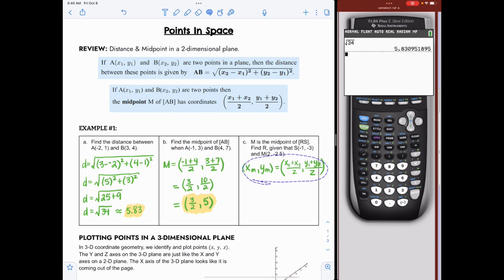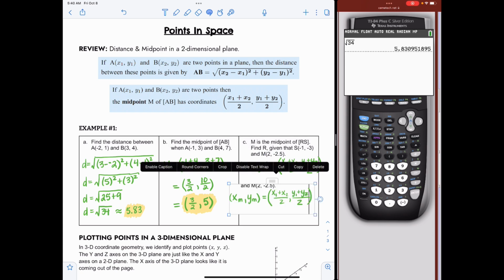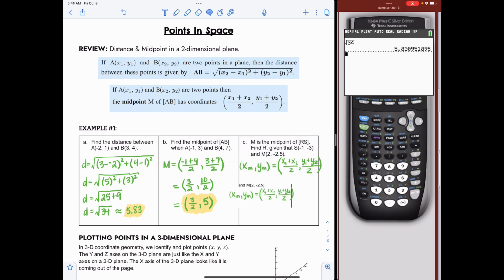So if you think about this, you can create 2 equations, okay? You can create 2 equations. And sorry, I'm just reorganizing this so it'll fit.